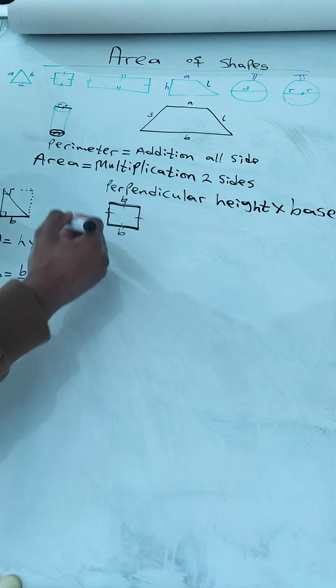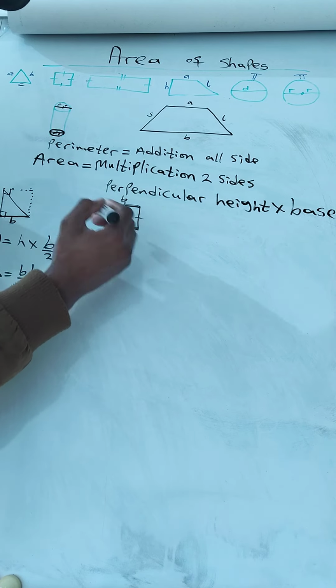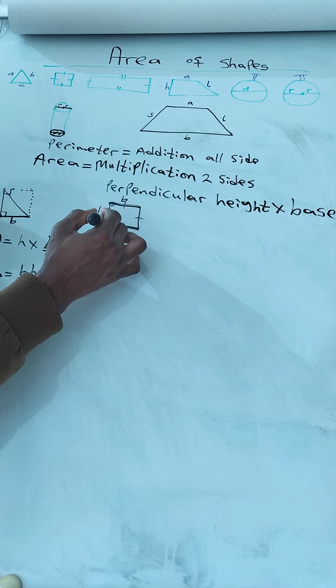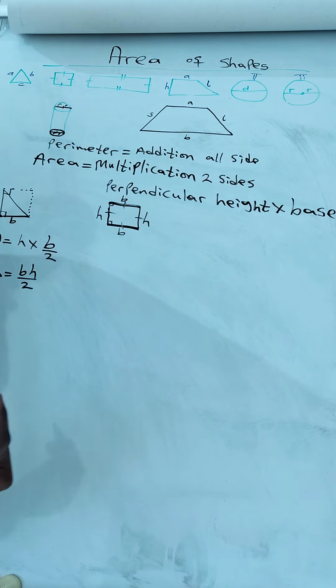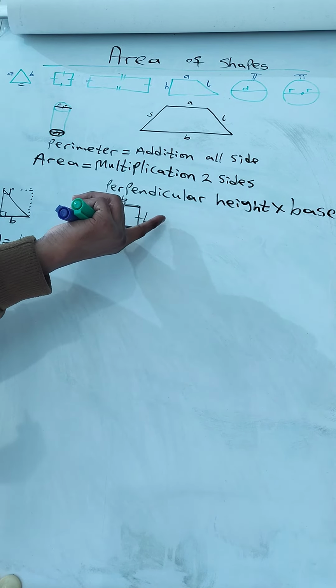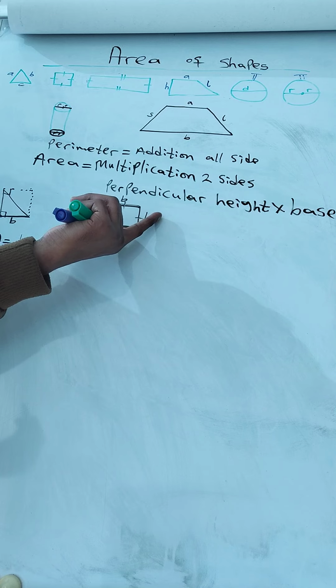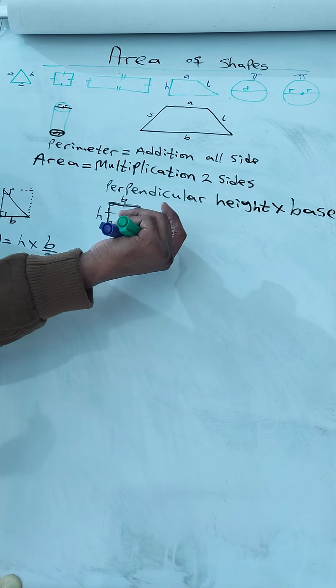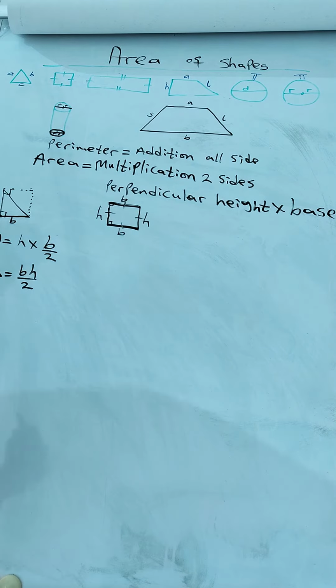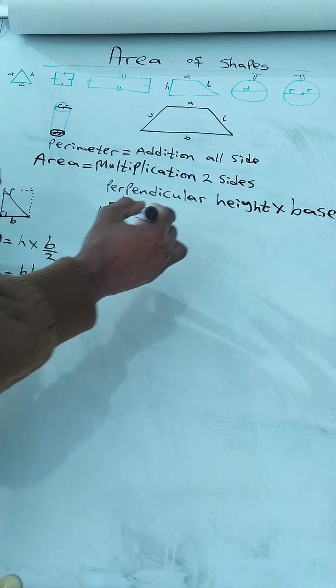This is the perpendicular height, because it's forming angle 90 here. So this is height and this is height. It has two heights. If you take the average of this height, h plus h, 2h, divided by 2, it will give you h. That is, the perpendicular height here is h.